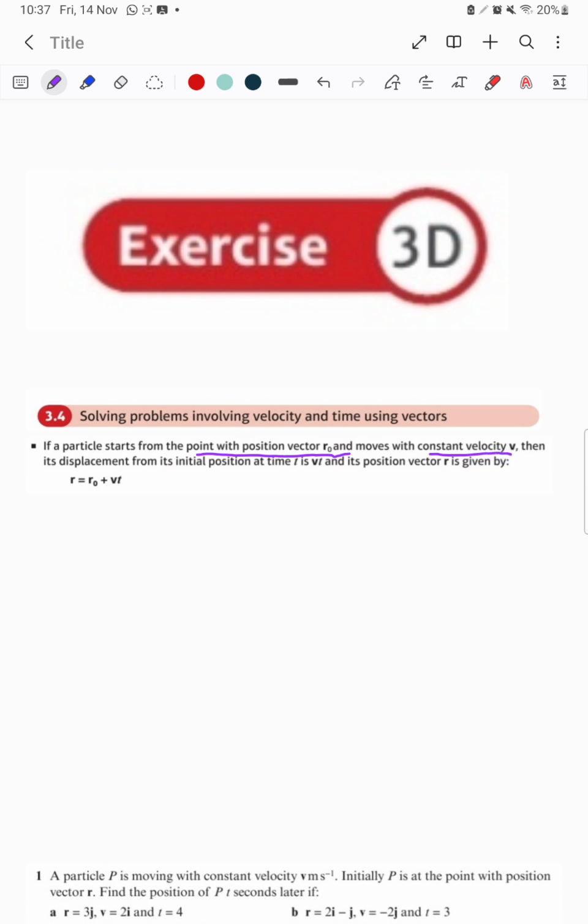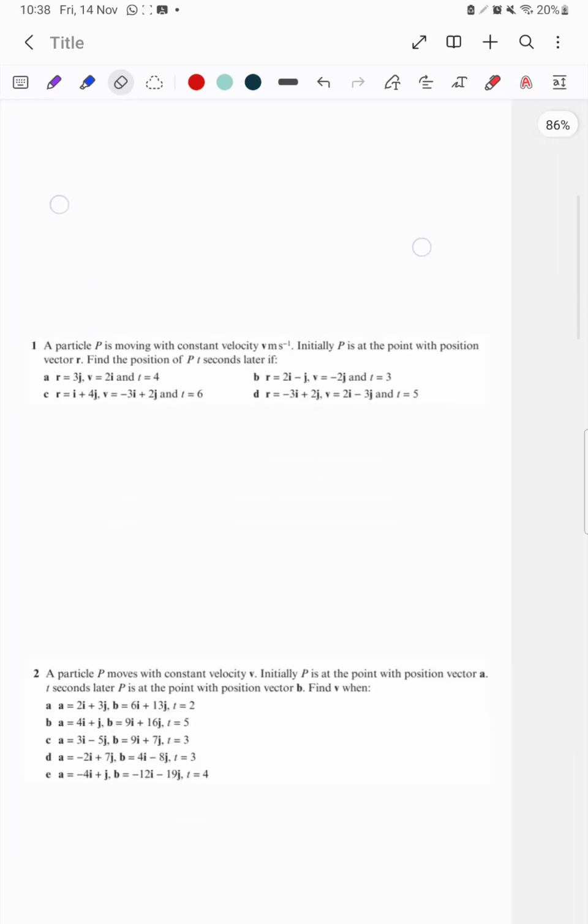Then its displacement from its initial position at time t is given by vt, and its position vector r is given by r0, the original position, plus the displacement that has taken place in time t, in seconds or hours, depending on the question. So now we will be following this rule in order to do our questions.